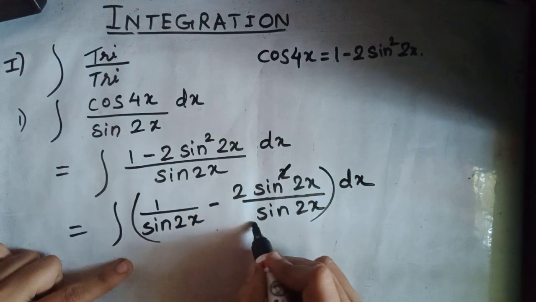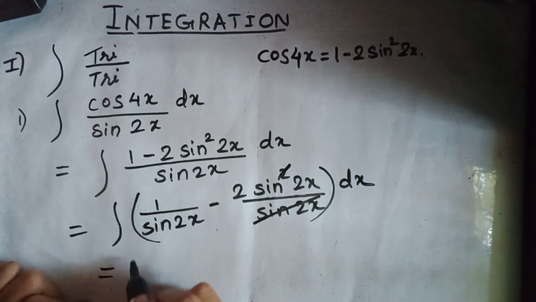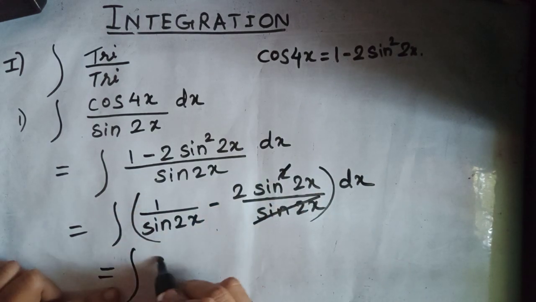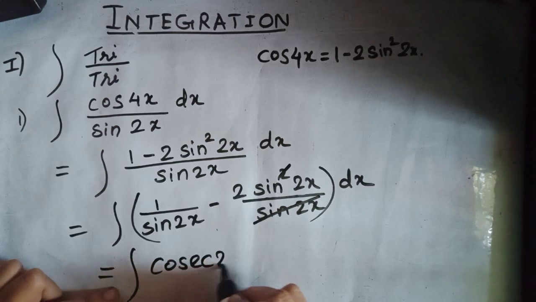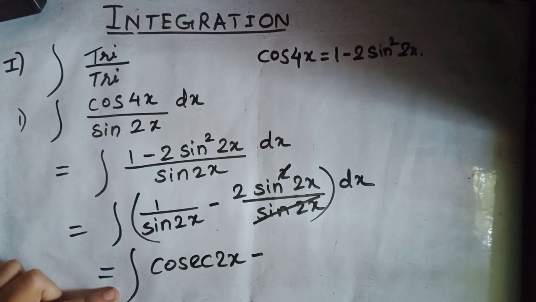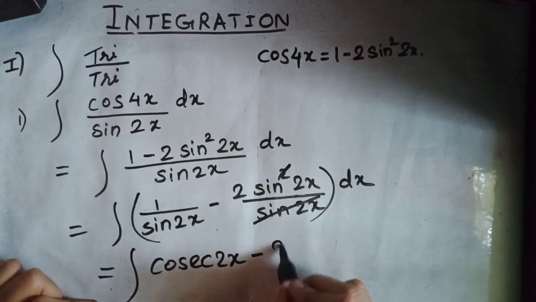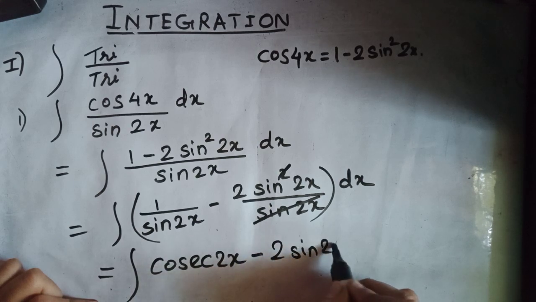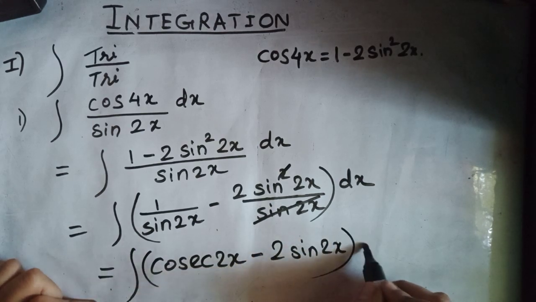One of the sin 2x gets cancelled, so you will get 1 upon sin 2x, which is nothing but cosec 2x, minus 2 sin 2x, dx.